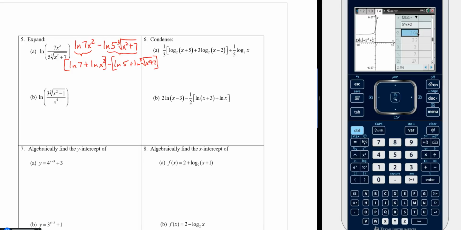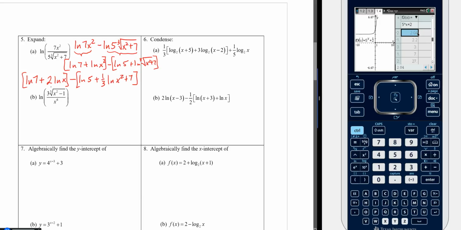So I've got the natural log of 7 plus 2 natural log of x minus the natural log of 5 plus 1/3, because remember a cube root is the same as the 1/3 power. 1/3 times the natural log of x squared plus 7. And that is my final answer for A.